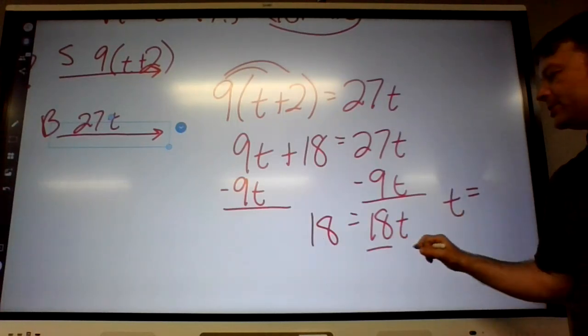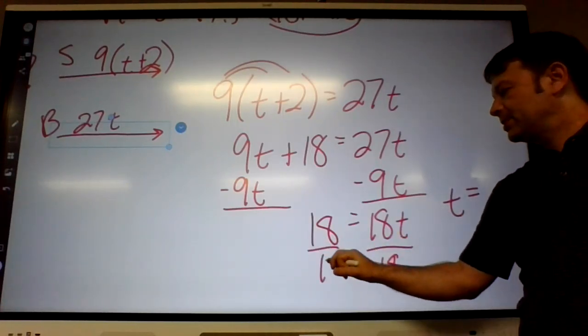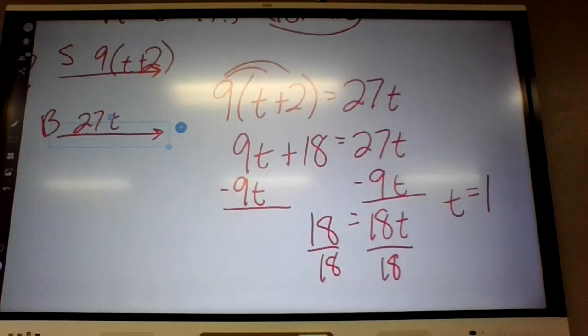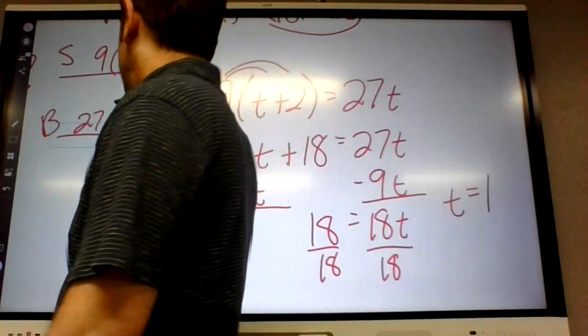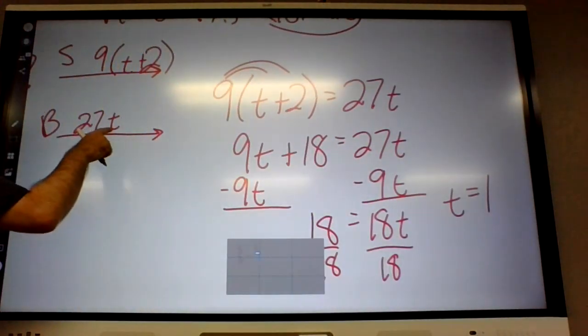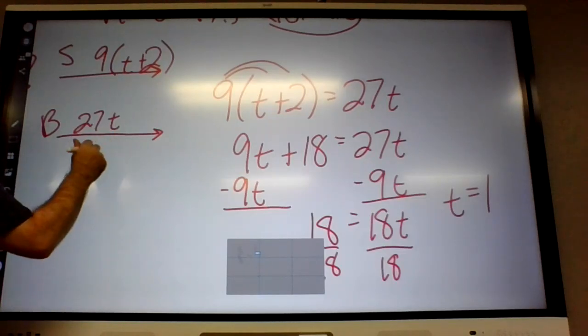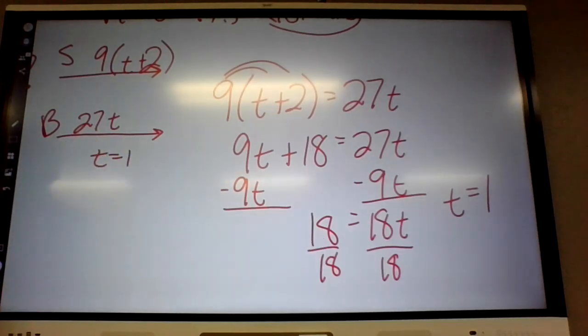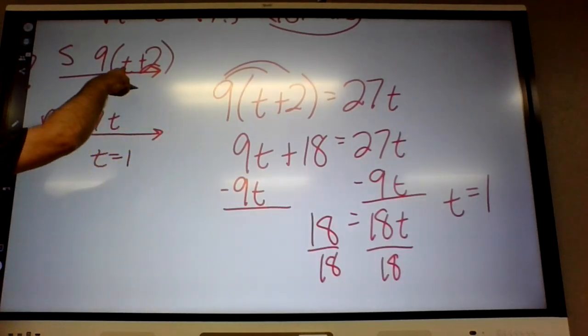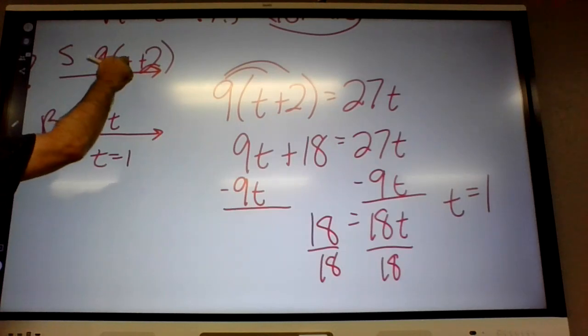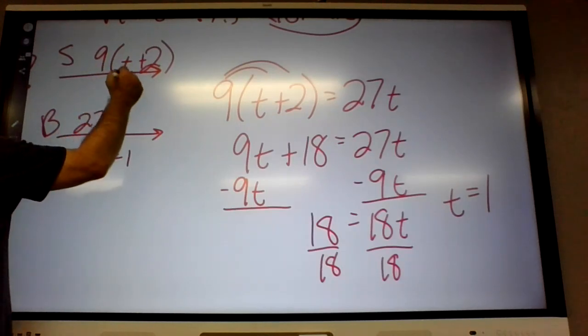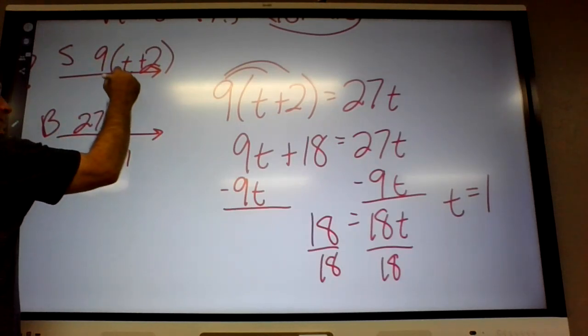So, 18 divided by 18, so t is 1. What does that tell us? Yeah, that's right. T stood for the brother's time, so he must have been traveling for 1 hour. Steve's time would be t plus 2, so Steve's time is 3 hours.